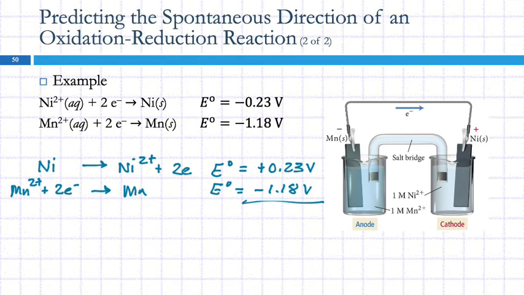Oh, let's actually do the math. .95. Is that going to happen spontaneously? No, it's not. So what's going to happen spontaneously is the other direction, right?